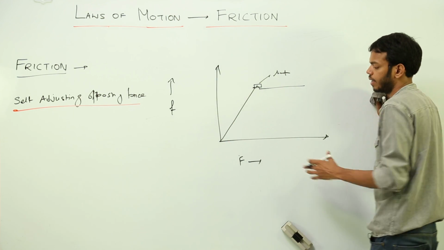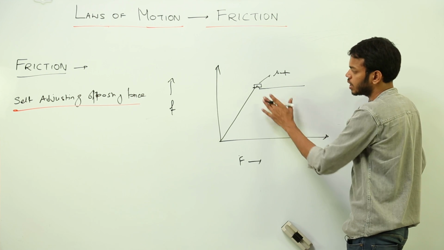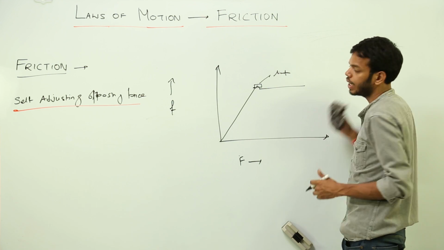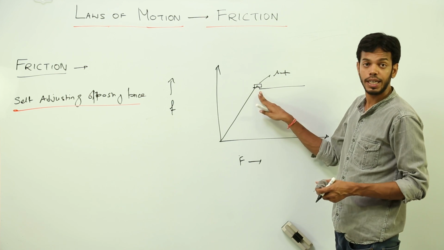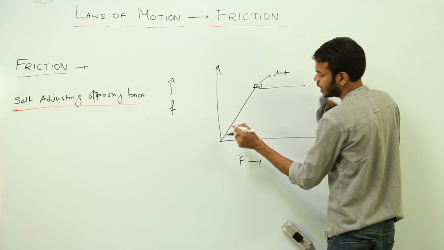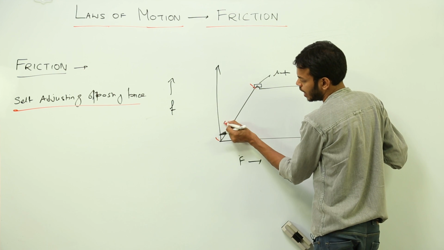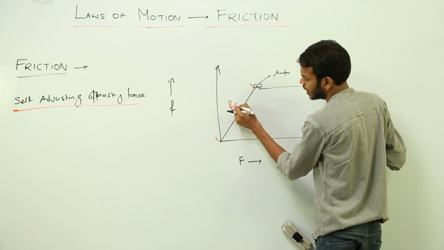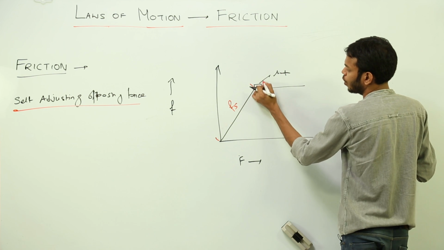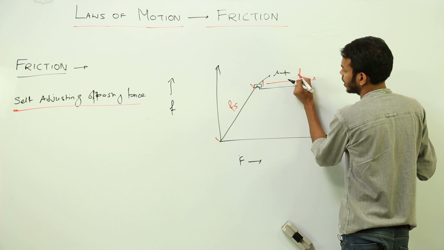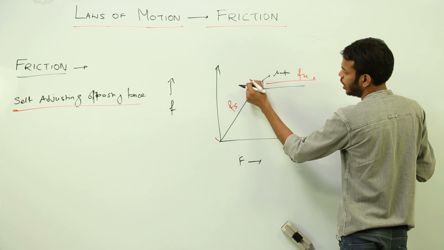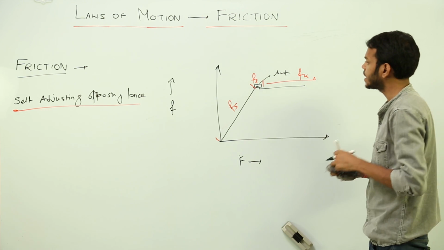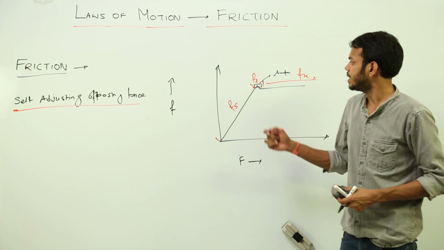So when you keep on increasing the applied force, this is how the graph would be. Initially frictional force will increase up to the point where there is a limit. From here to here, this is our static friction, and from this point onwards this is kinetic friction, and the highest limit is called limiting friction, right? This is the graph.